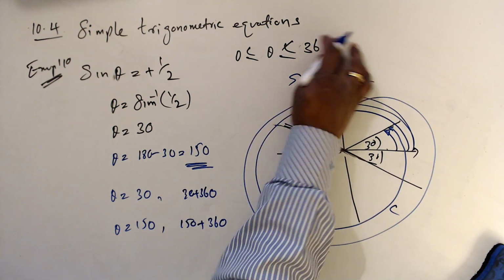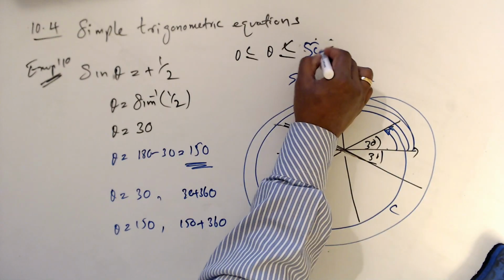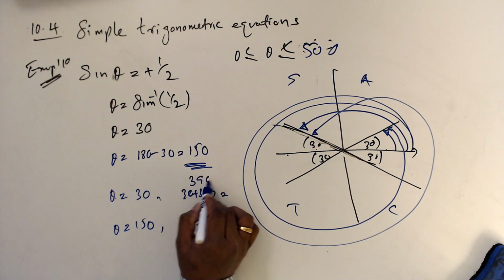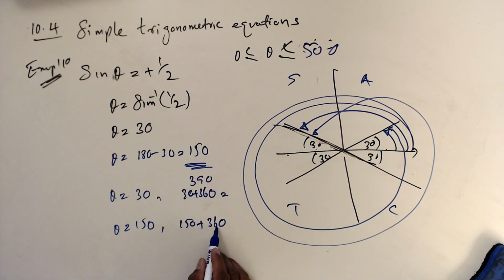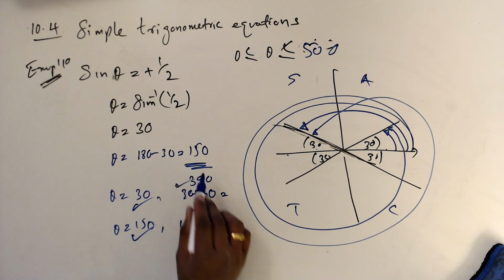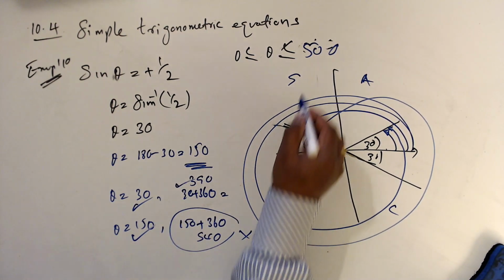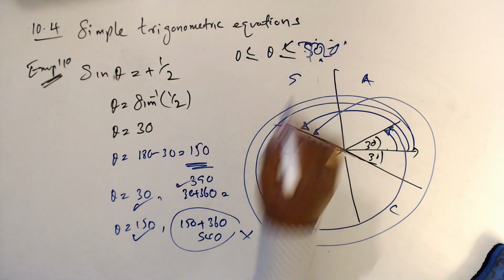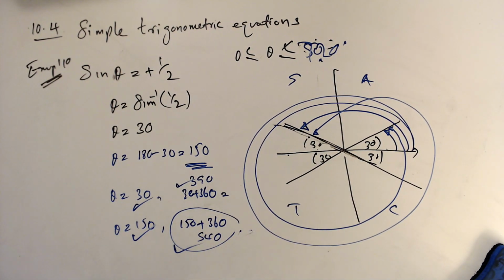If my answer must be within, let's say, 500, this is 390 and 360 plus 150 is 510, then 540. So this is fine, this is okay, but I can't take this one because the range is 500. If the range is 720, then this is also fine.